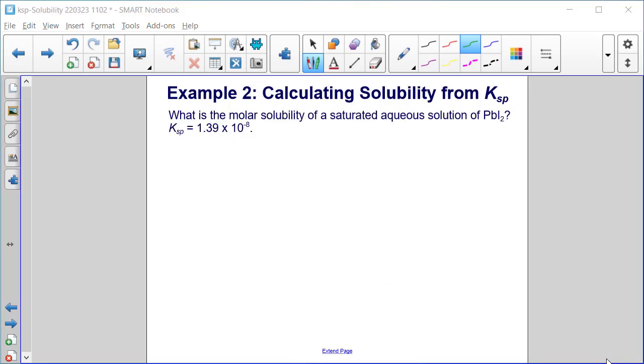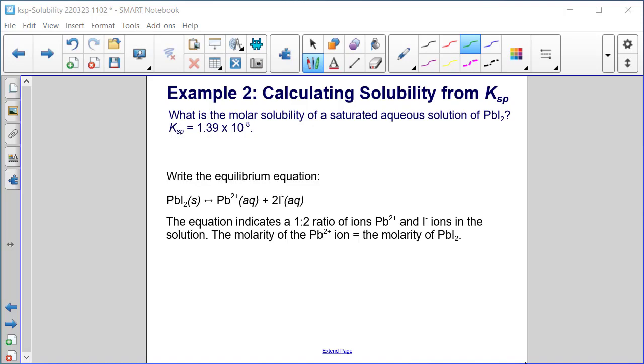Example 2, calculating solubility from Ksp. What is the molar solubility of a saturated aqueous solution of PbI2? Ksp equals 1.39 times 10 to the minus 8. All right, let's start with the equilibrium equation where PbI2 solid is in equilibrium with Pb2+ ions and 2 I- ions.